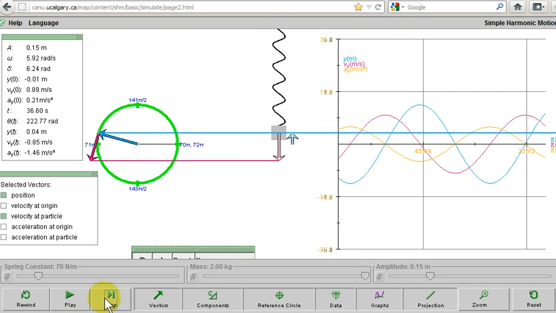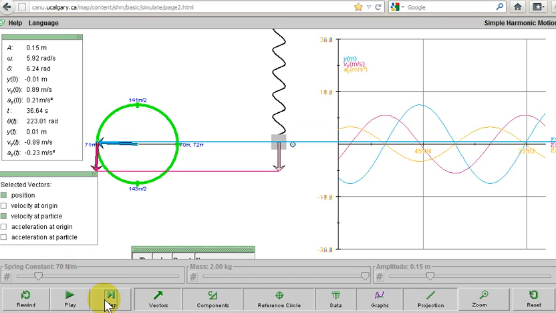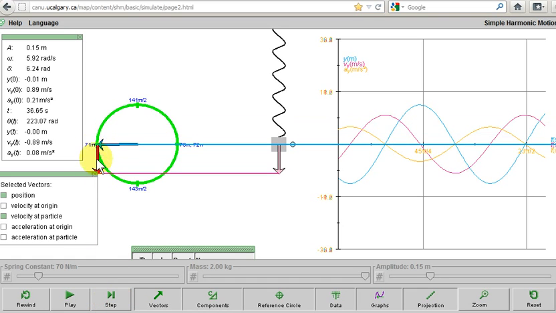Stepping through it here, we see the magnitude of the velocity of this point is the speed of this point in the circle, and it's equal to the magnitude of the maximum velocity of this mass. This occurs when the mass is passing through its equilibrium position.